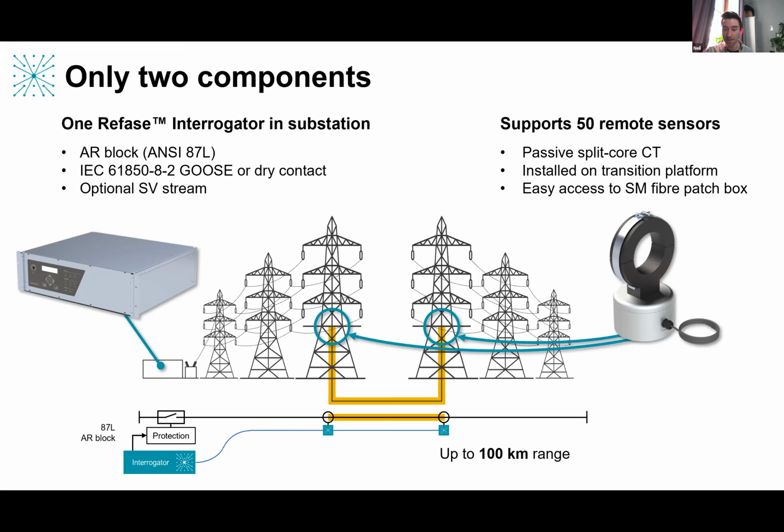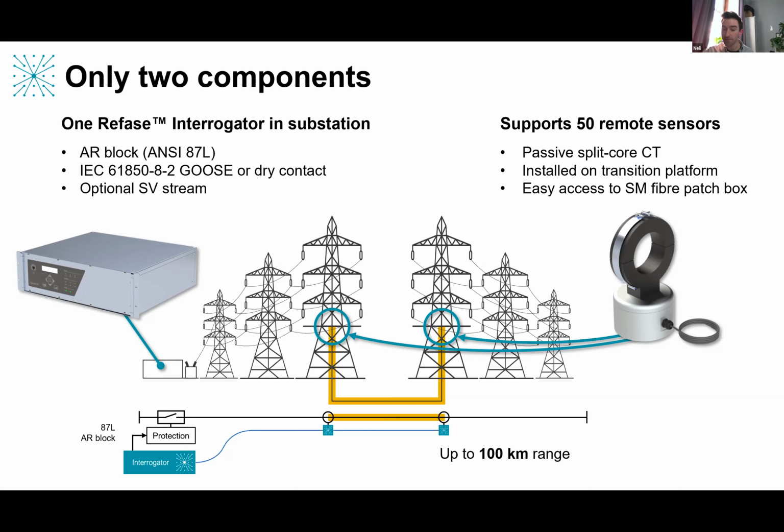And you don't require any additional hardware at that point, like multiplexers or any supporting infrastructure to install these sensors. Really, you just need to install a split core CT and do a single mode fiber splice into the existing fiber network. And then that fiber network backhauls that information back to the interrogator. So that can be done using the existing OPGW fiber or anything like that.